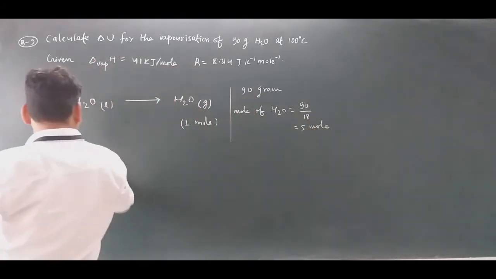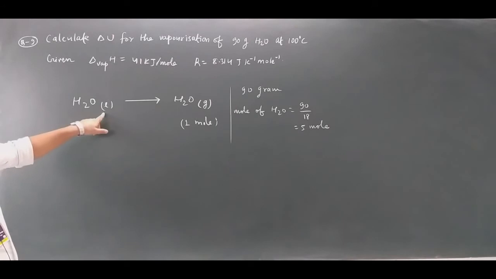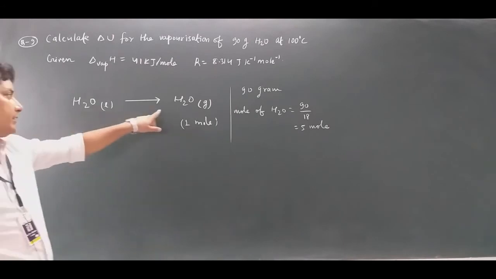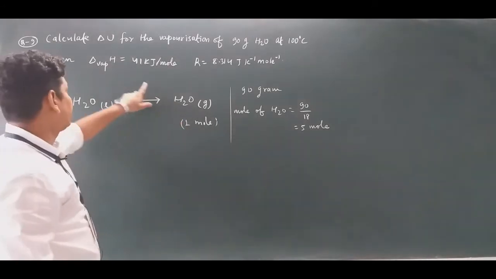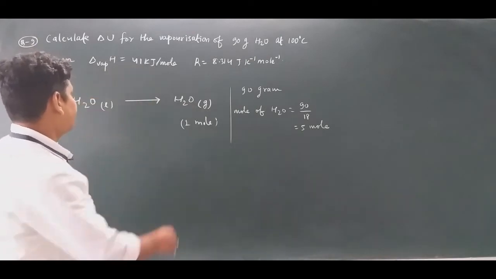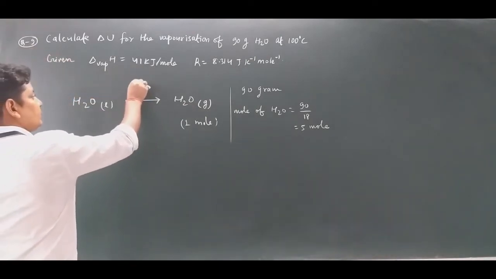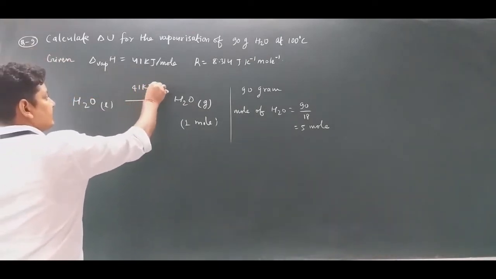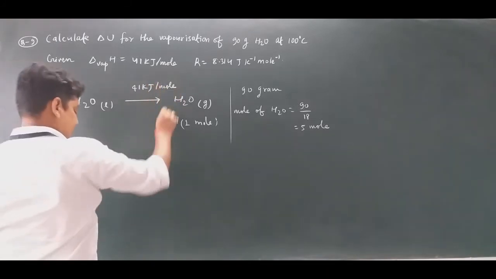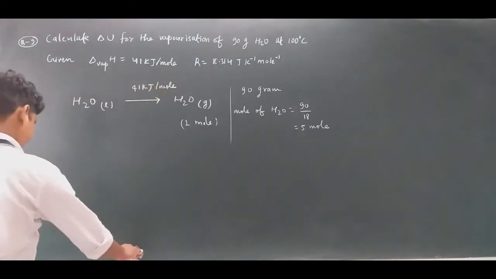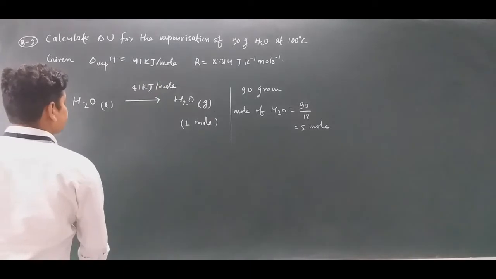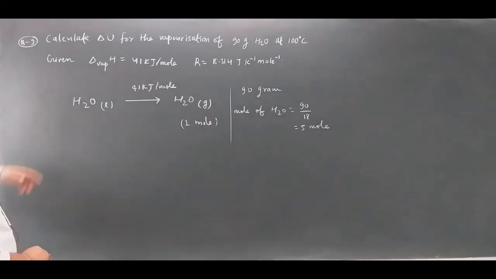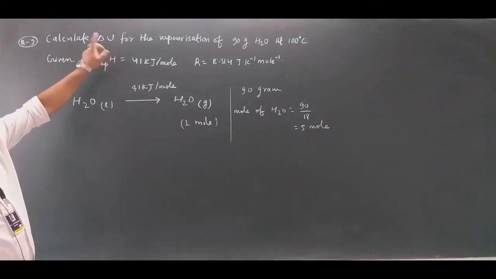Now see here, when 1 mole of liquid water is converted to gaseous, then the amount of enthalpy is 41 kilojoule per mole energy taken. This is the enthalpy of vaporization. Now the case here is we have to determine the change in internal energy.